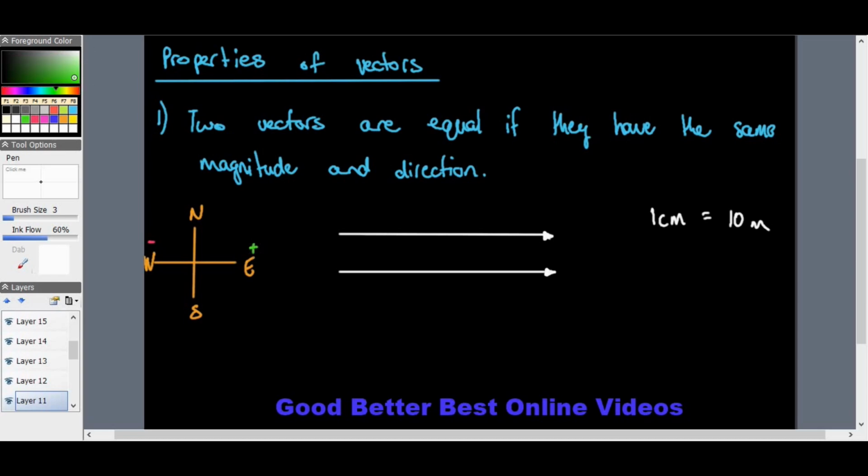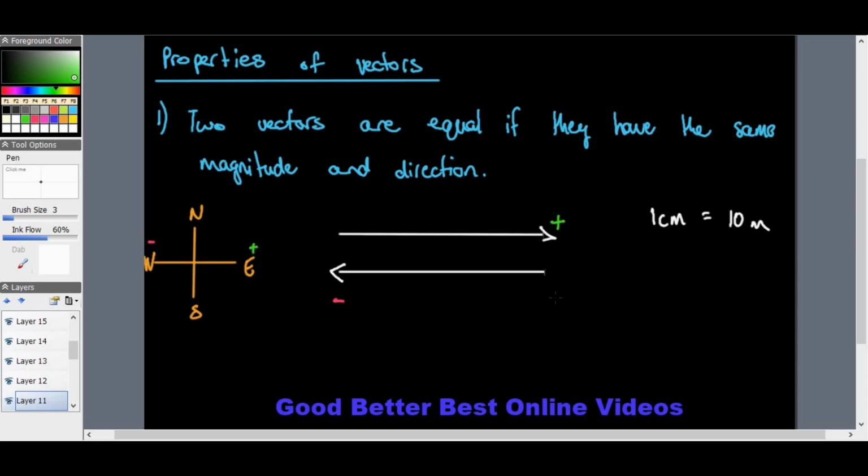So if we change this arrowhead around a little bit here, we'd have a positive vector here, and we'd have a negative vector if the arrowhead was drawn like this, because the arrowhead does dictate direction. And since I've used that arrowhead, I should probably make it the same for this one. So we've got the negative direction here, going in the westerly direction, and the positive direction here going to the right or forward. Okay, direction.